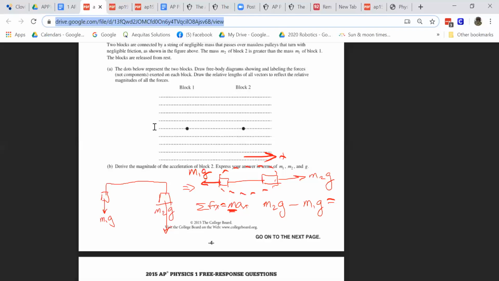That is the mass of the free body, the whole thing. I have combined these two to be one object. So the mass of that object is m1 plus m2 times a. And so now I can solve for a. A is equal to, well, let's just go m2 minus m1 times g divided by m1 plus m2.